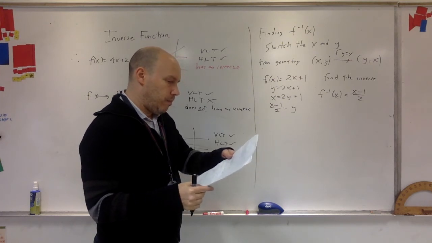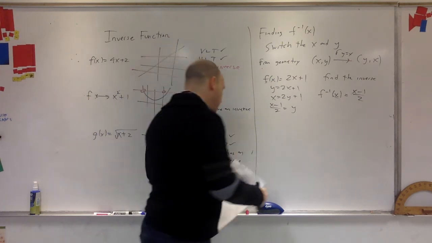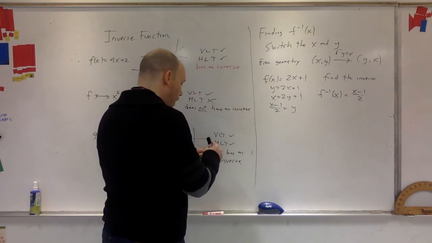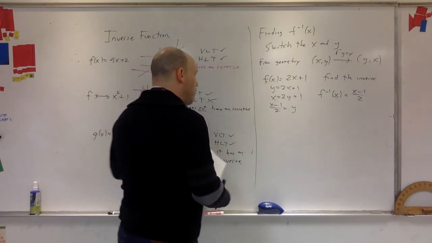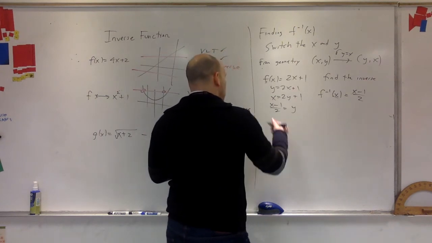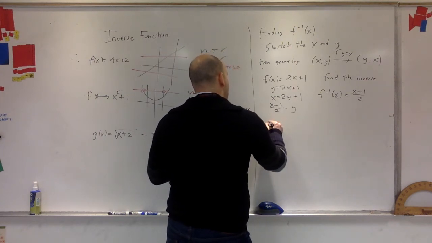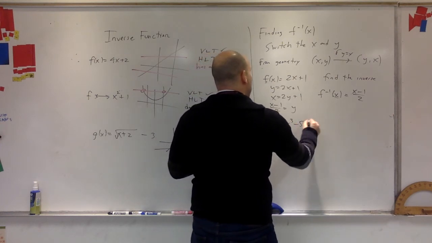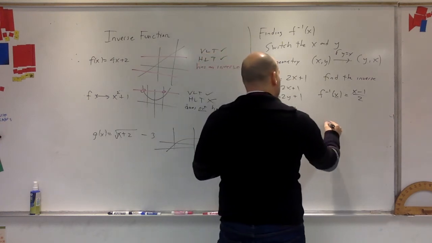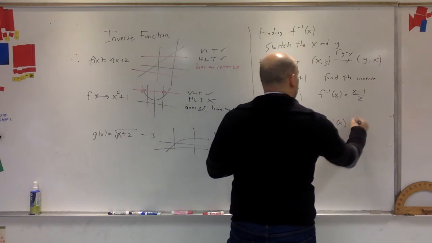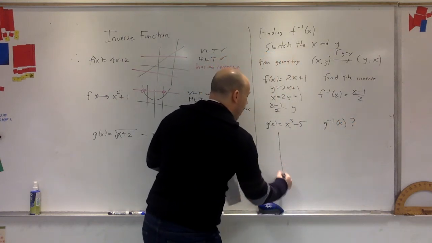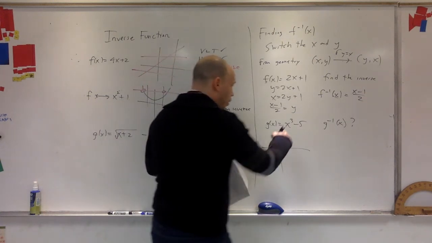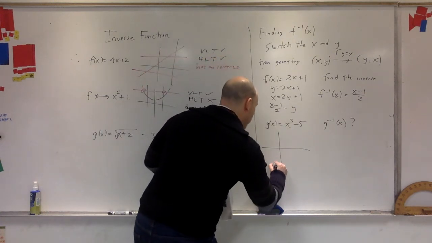And then let's just do a couple of techniques. We're not going to do quadratics, but we are going to look at cubics. So for example, let's say g of x equals x to the third minus 5. What's the inverse function? Well, first of all, I know that my graph, you can look in the graphic calculator, is the cubic shifted down 5.